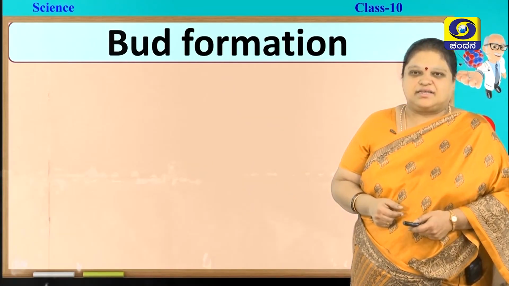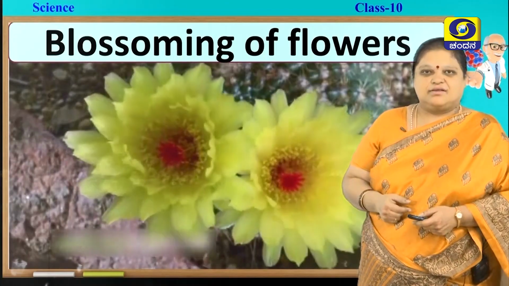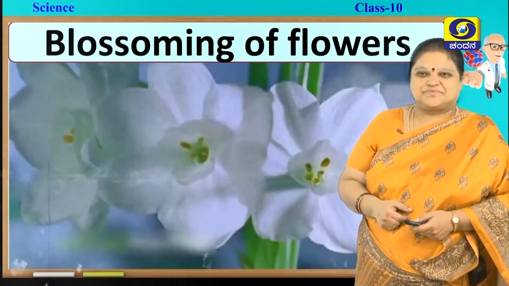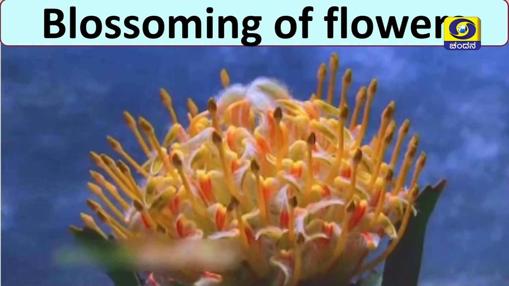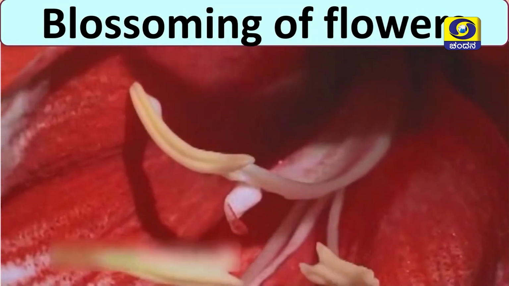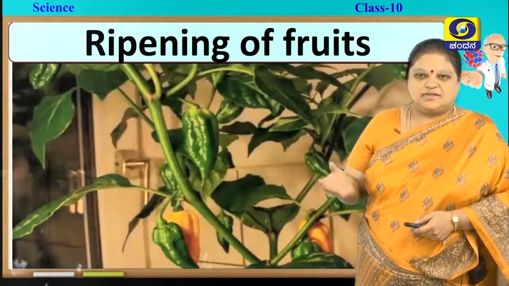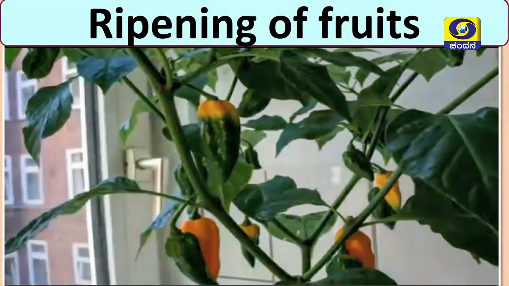Next, you can see the blossoming of flowers. See how beautiful they are. For this also chemicals are required. Not only that, it is required for the ripening of fruits. Observe that.